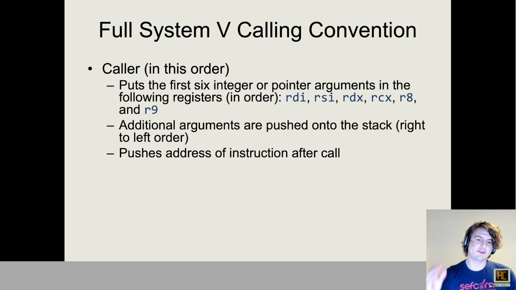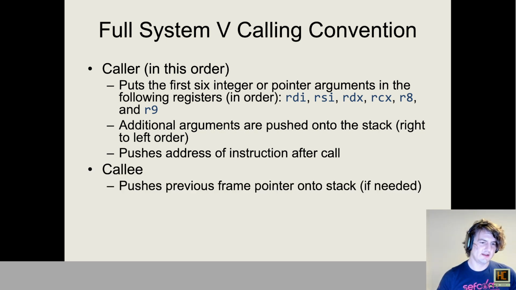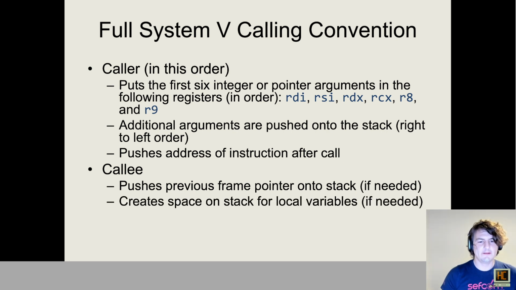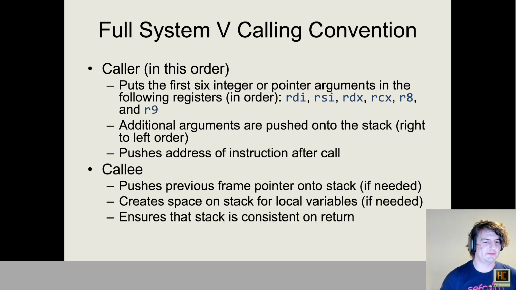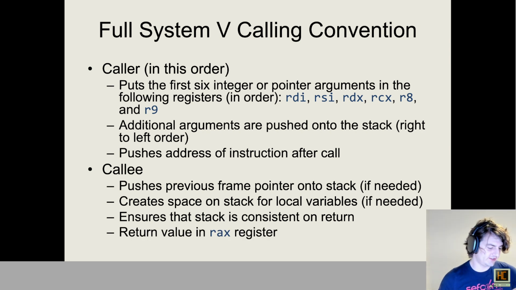Then the address of the instruction after the call is pushed onto the stack. And then the callee pushes the previous frame pointer, or base pointer, onto the stack, creates space on the stack for local variables, ensures the stack is consistent on return, and puts the return value in the RAX register. So this is basically everything you need.